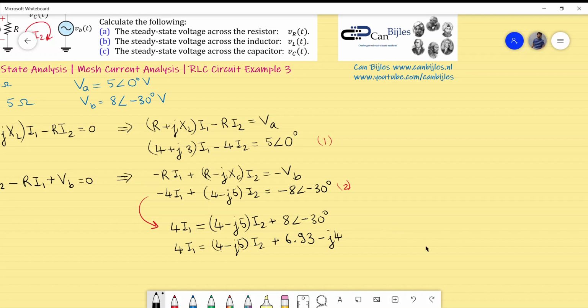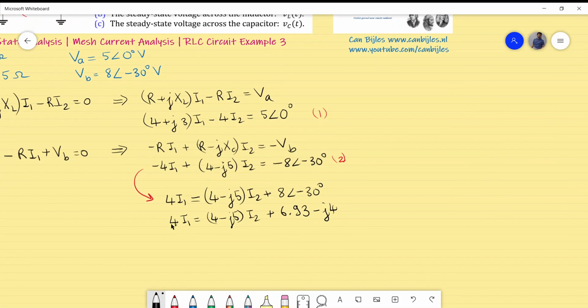That's just analysis, and I now have a representation for I1 in terms of I2. Before I do that, I will divide everything by 4. Left side and right side of this equation will be divided by 4, so it will be 1 minus j, each term divided by 4, will be 1.25 times I2 plus 1.73 minus j.